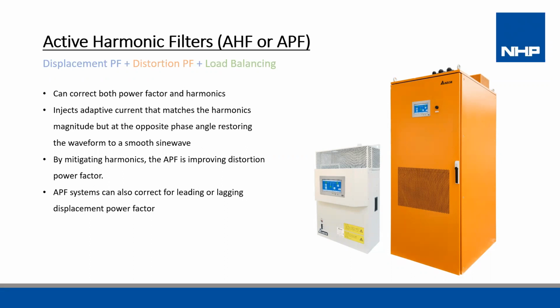So APFs inject adaptive current that matches the harmonic's magnitude, but at opposite phase angles, restoring the waveform to a smooth sine wave, which we looked at in the harmonic section where we had the distorted waveform. By mitigating harmonics, the APF is improving the distortion power factor. APF systems can also correct for both leading or lagging displacement power factor.